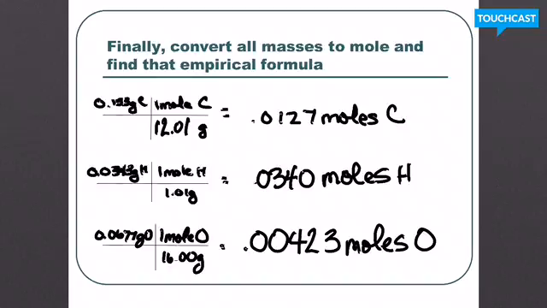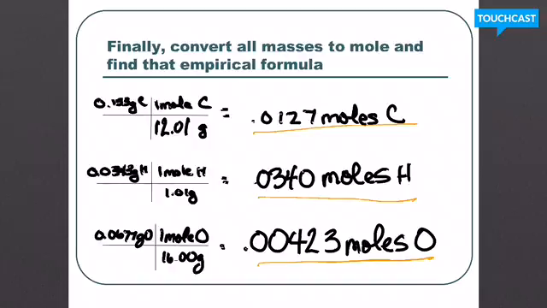So there's really only one thing left to do. Take all of those masses that we just got and convert them to moles, because we're looking for the formula. So I'm taking the mass of the carbon that I had, the mass of the hydrogen, the mass of the oxygen, converting them to moles, and so you get these really nasty looking mole ratios. You see these right here?